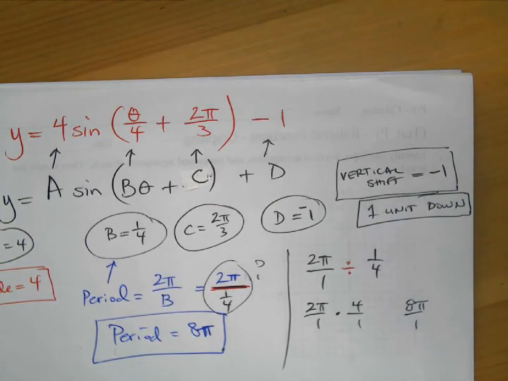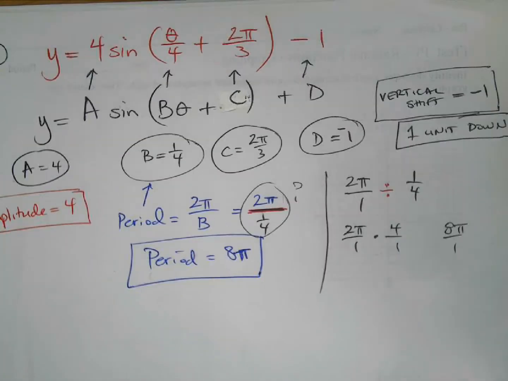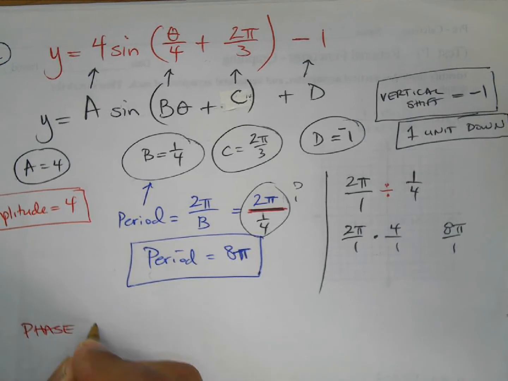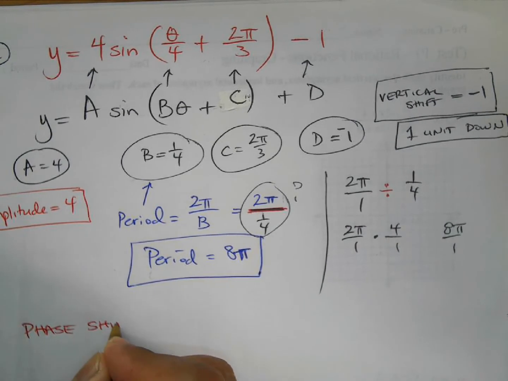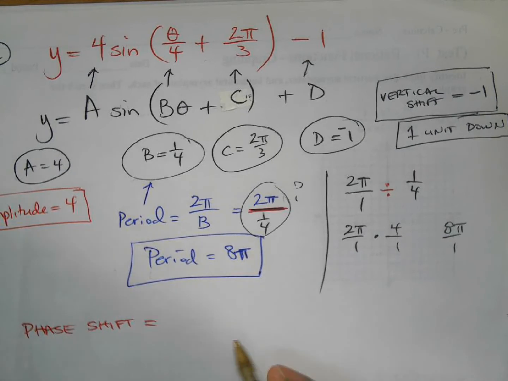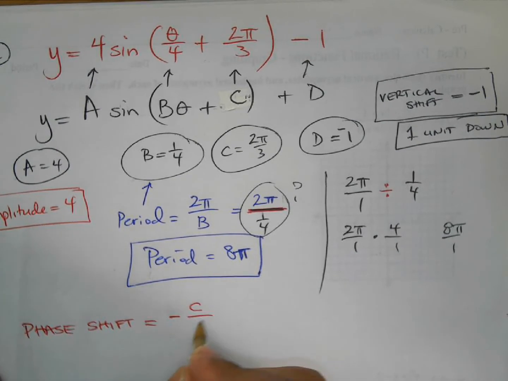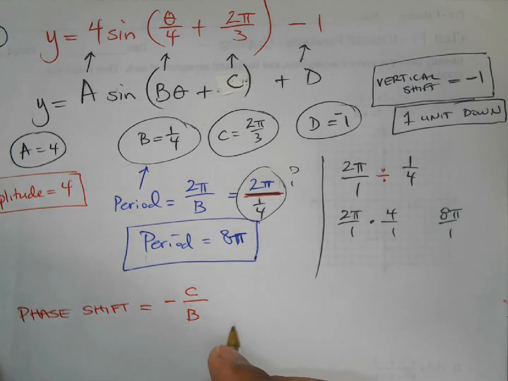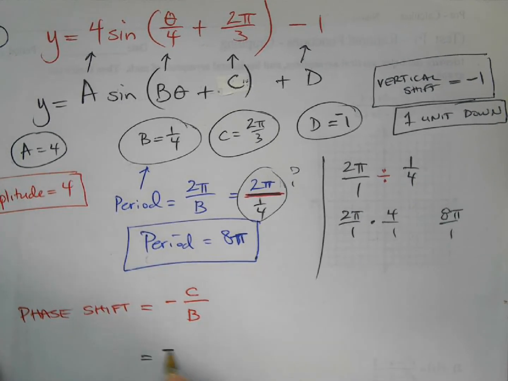Now let's do the phase shift, the last one. This is the one that's going to take some work. The phase shift. Another little formula, and that formula is -C over B. That's going to be negative something divided by something.